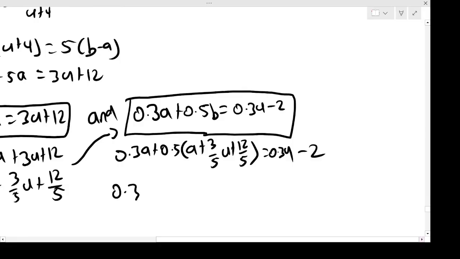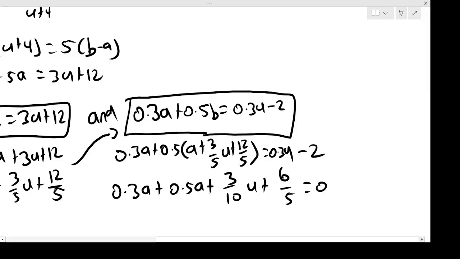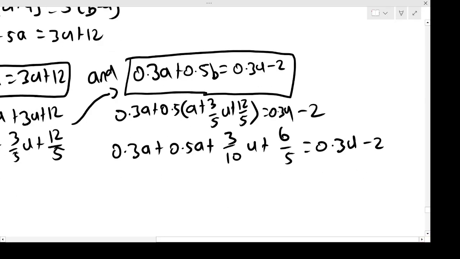So if I expand all of this, I get 0.3a add 0.5a add then 0.5 lots of 3 over 5 is 3 over 10 lots of u add 0.5 lots of 12 over 5 gets me 6 over 5 equals 0.3u minus 2. And so I can now rearrange for a in terms of the subject.